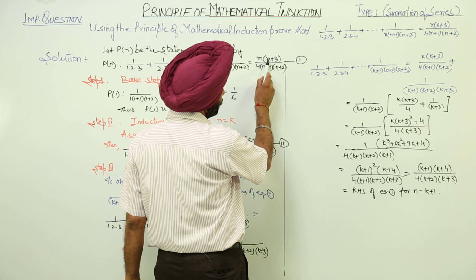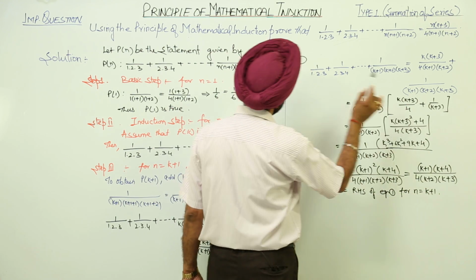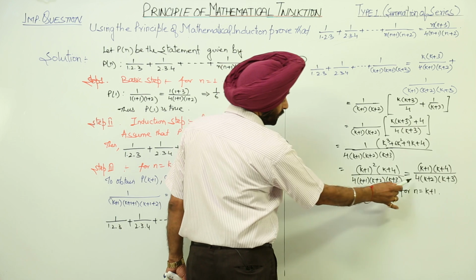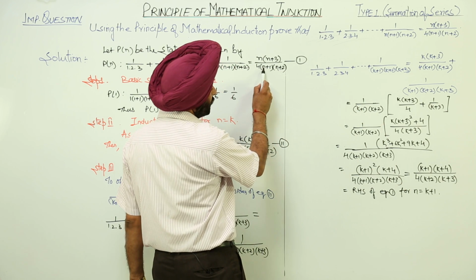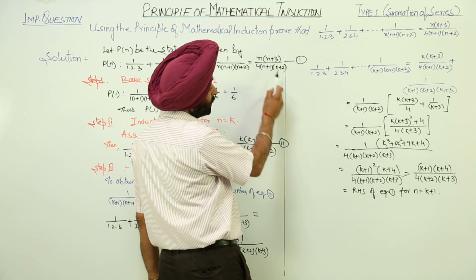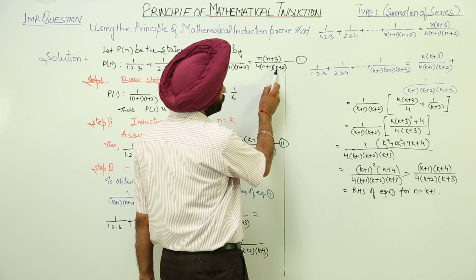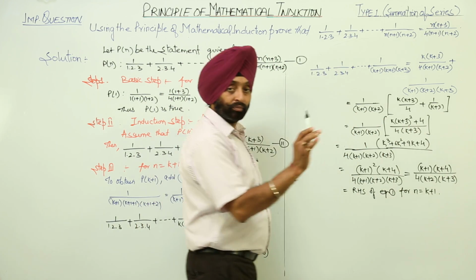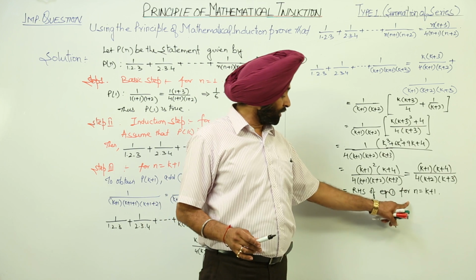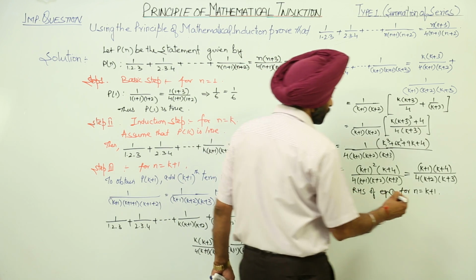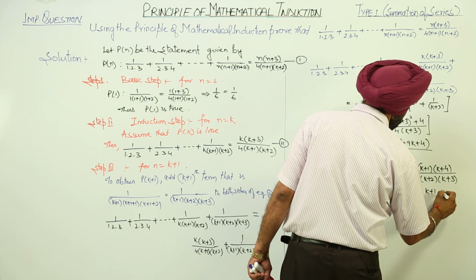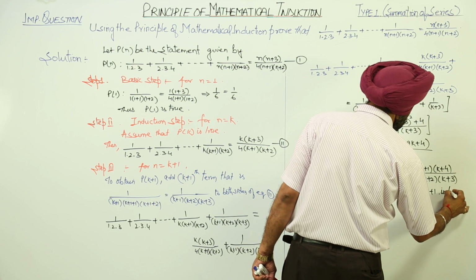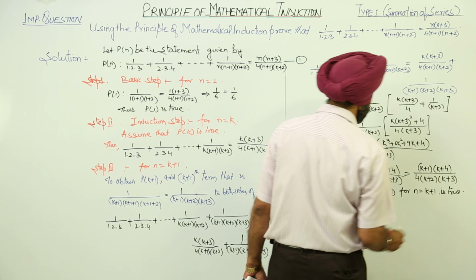In place of this n, k plus 1 plus 3, k plus 4, 4 as it is, n plus 1, k plus 1 plus 1, k plus 2, k plus 1 plus 2, k plus 3. So, right hand side of equation 1 for n is equal to k plus 1 is true.